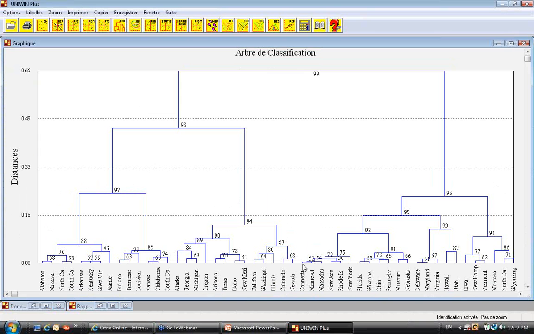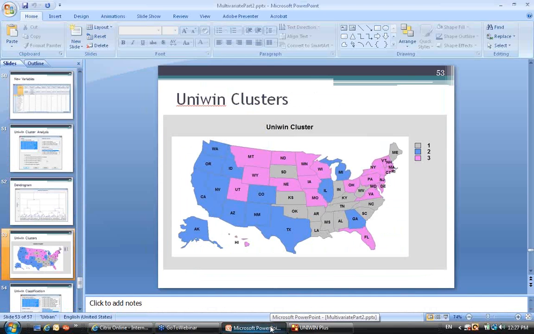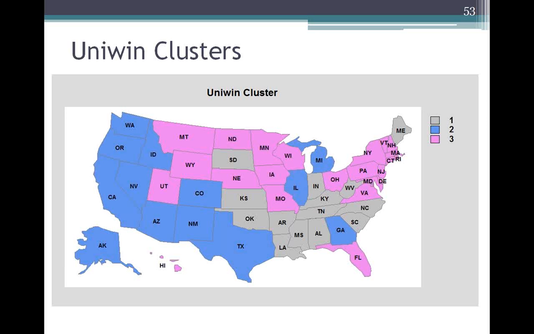If you're interested, incidentally, in how this worked out on my map, let me show you what the map of the Uniwin clusters is. It's similar to the maps we were seeing before, except now, of course, we have only 3 groups instead of 4 groups.